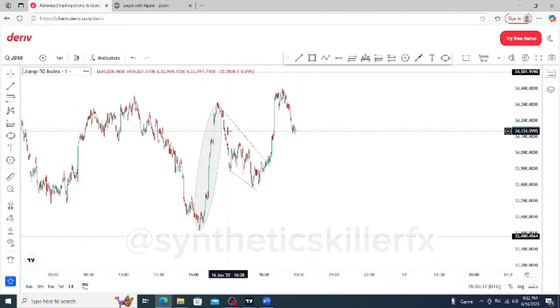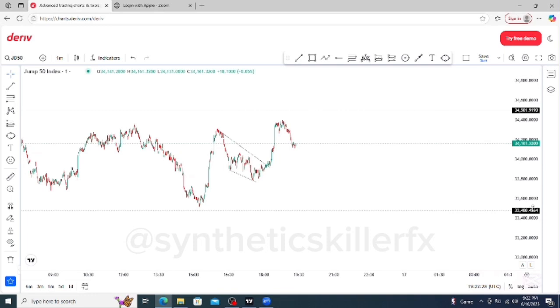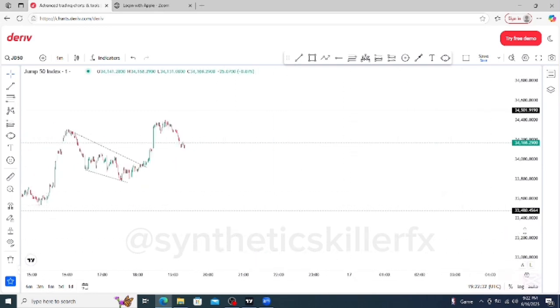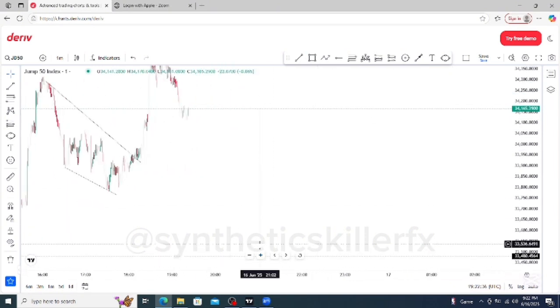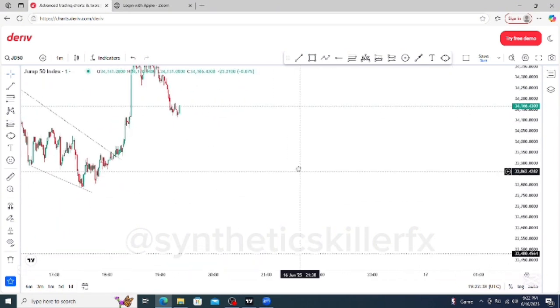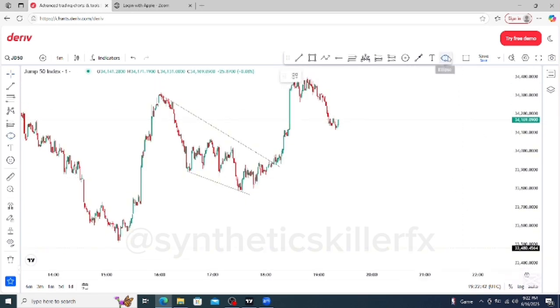And after every impulse, before I can take any buy or sell, I like to see some form of a correction, a corrective move. And the corrective move shouldn't consist of very high candles which are moving in the opposite direction of where I want to enter. So you can see that the corrective move had minimal selling pressure.